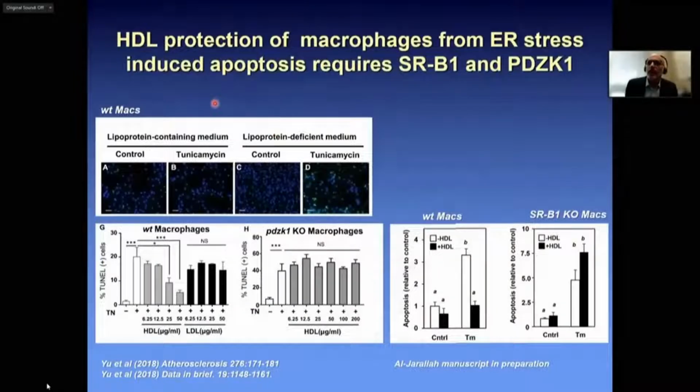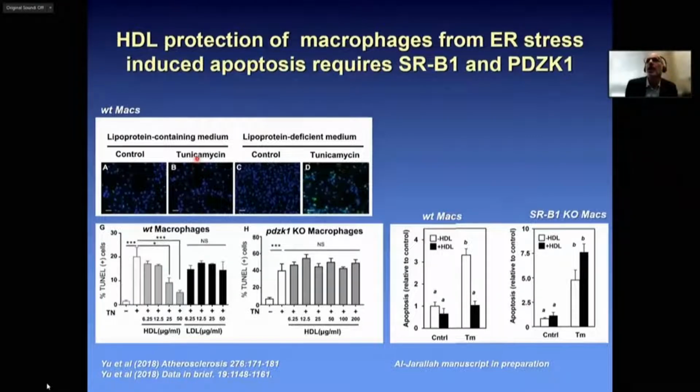So to begin to study this, we took macrophages from mice, put them into culture, and when we culture macrophages in lipoprotein-containing medium and expose them to a variety of stressors that trigger endoplasmic reticulum stress, such as tunicamycin, we saw, as others had reported, that macrophages are very resistant to cell death induced by endoplasmic reticulum stress.